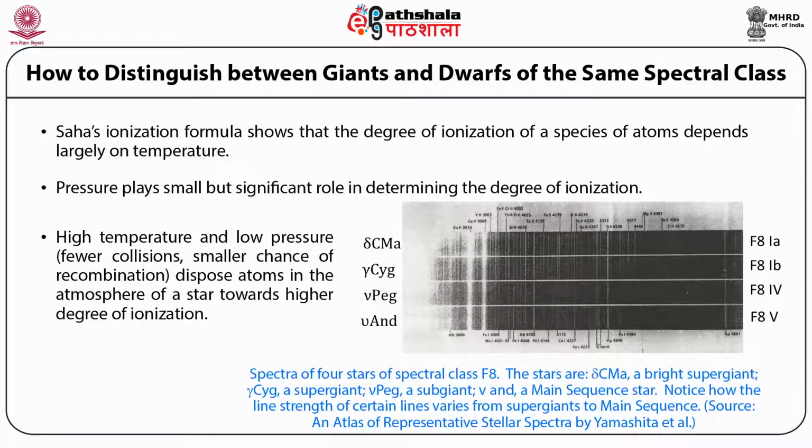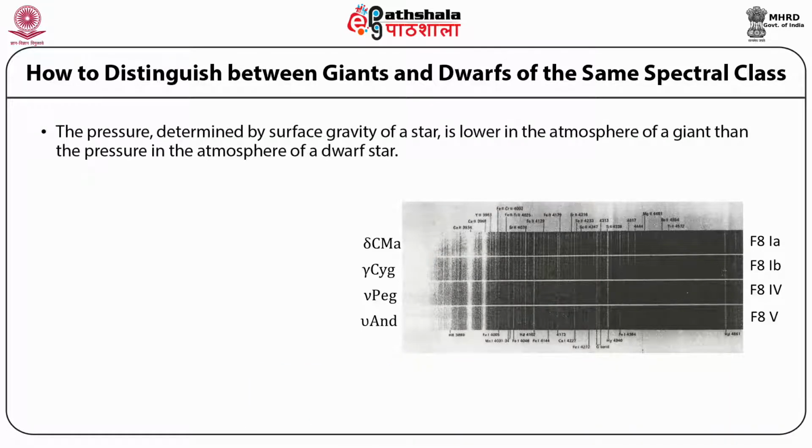Now notice how the line strength of certain lines varies from supergiants to main sequence. The pressure determined by surface gravity of a star is lower in the atmosphere of a giant than the pressure in the atmosphere of a dwarf star.